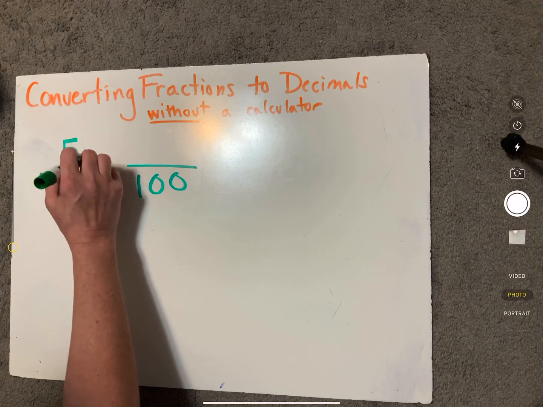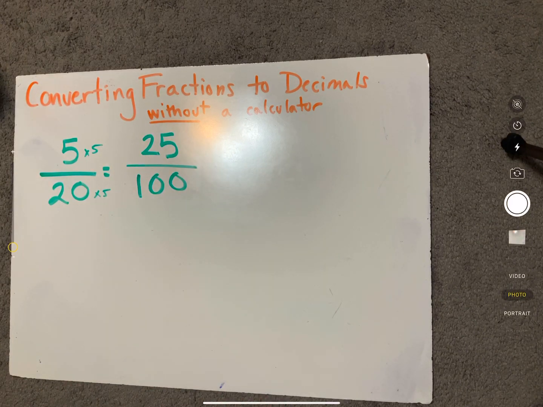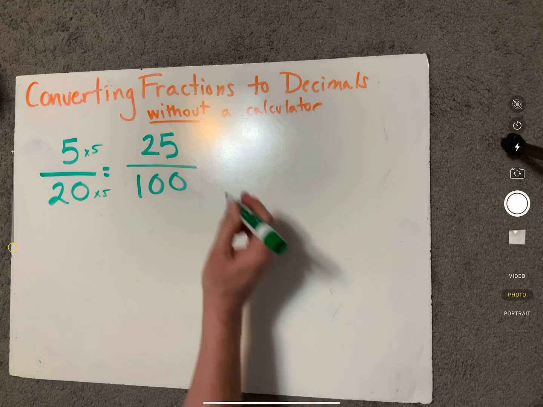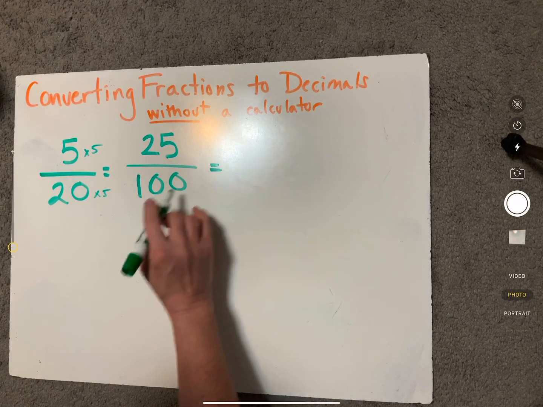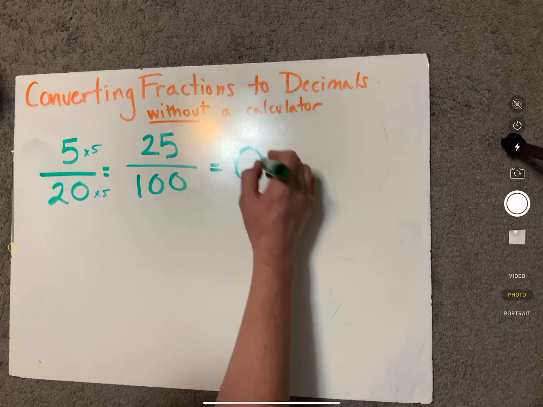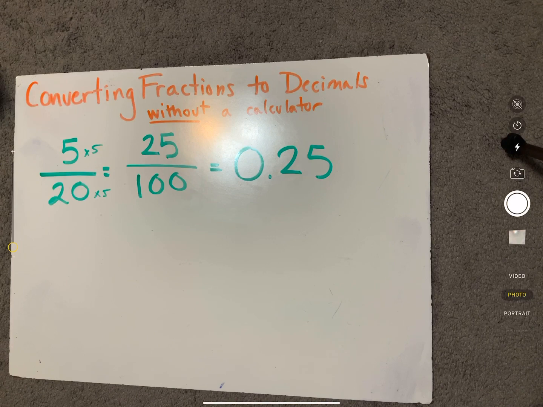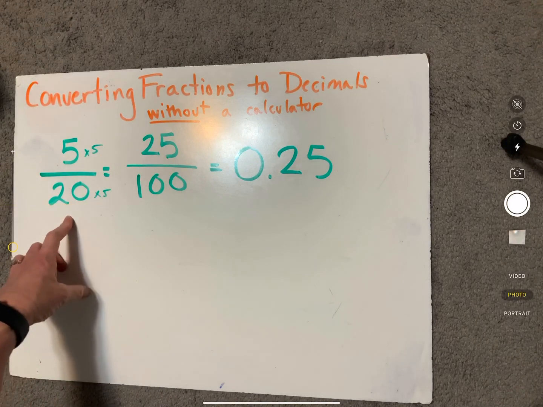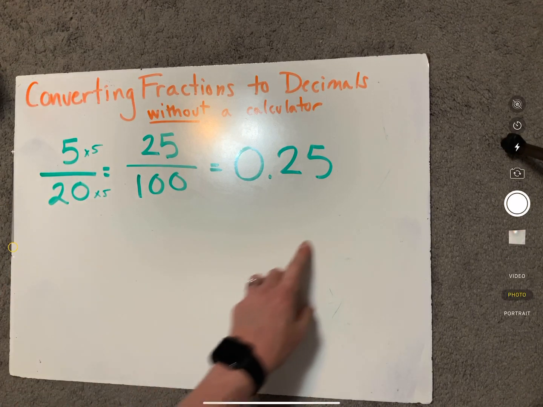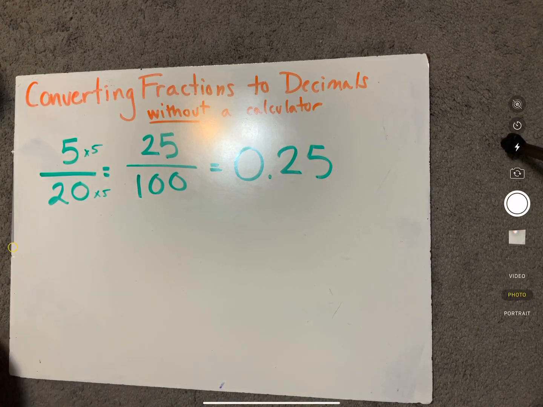Times 5, times 5. So this would be 25 over 100. If I was going to make a decimal out of that, remember I can just read this: 25 hundredths. So this original fraction, 5/20, would look like this as a decimal because we've done our equivalent fraction here.